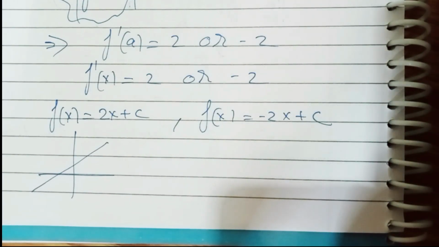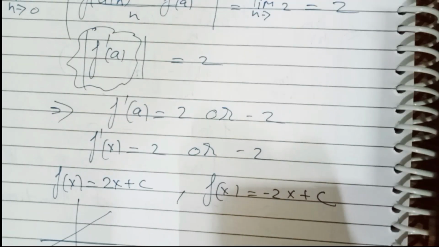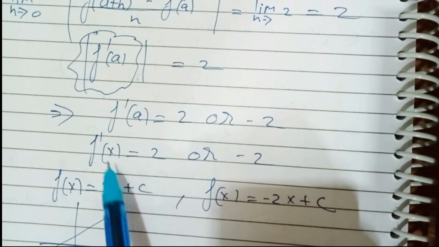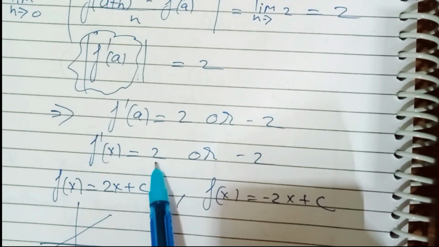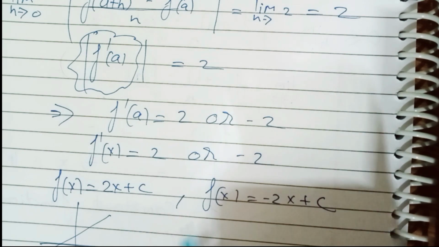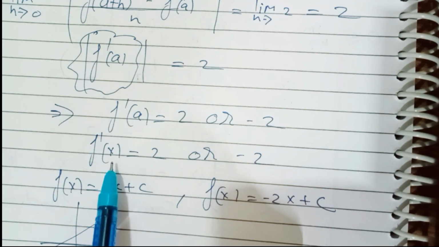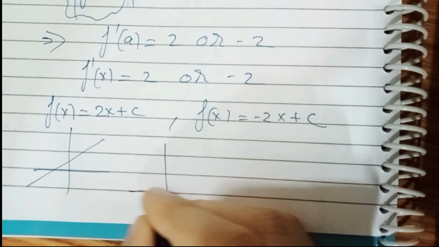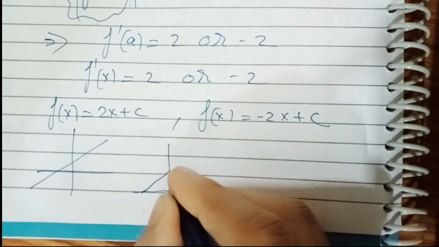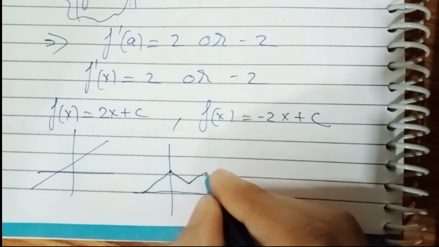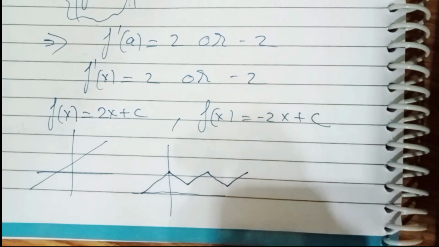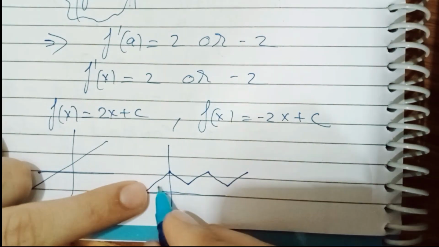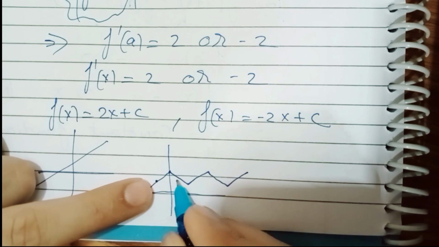Why? Because what we have got is f dash x could be 2 or -2 at each value of x. So one function could be this. So at each point, derivative at this point is 2, here -2, 2, -2, 2.